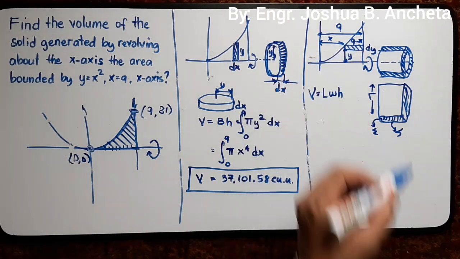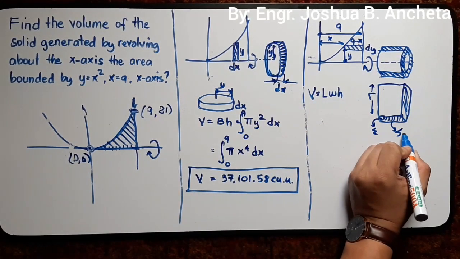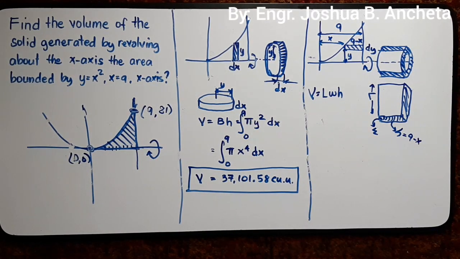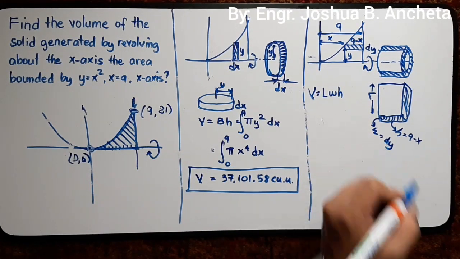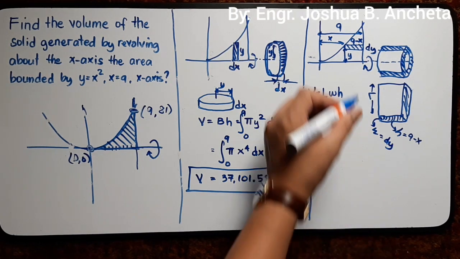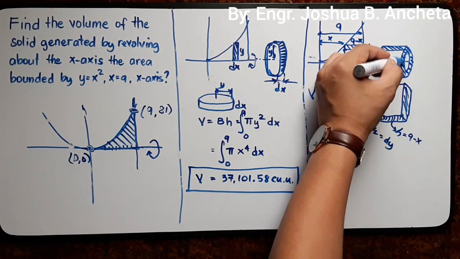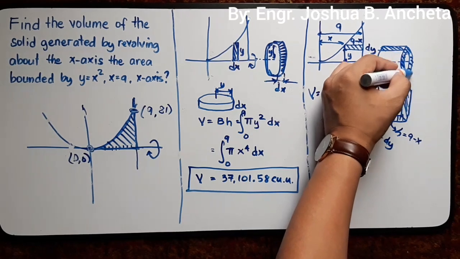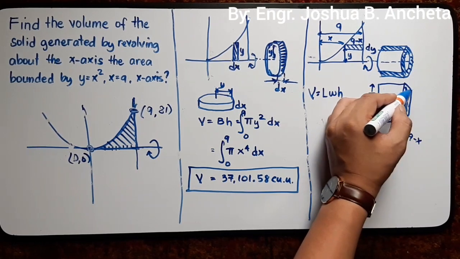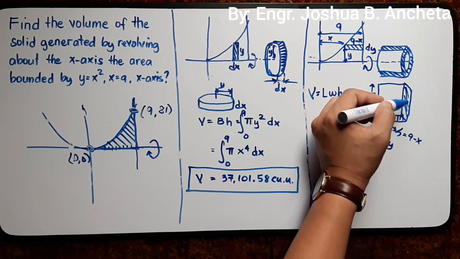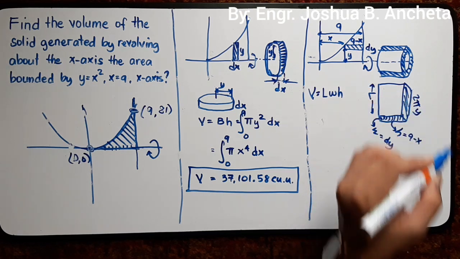With respect to the strip, the height is the 9 minus x value. The width is the dy value. And y represents the radius, and if you expand the circumference, this side is equivalent to the circumference, which is 2 pi times the radius, which is y.